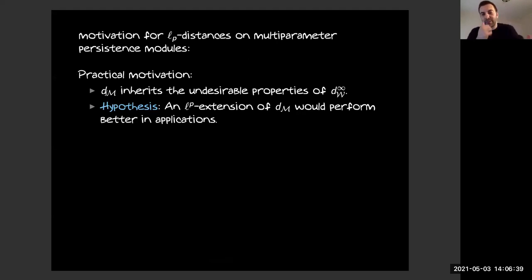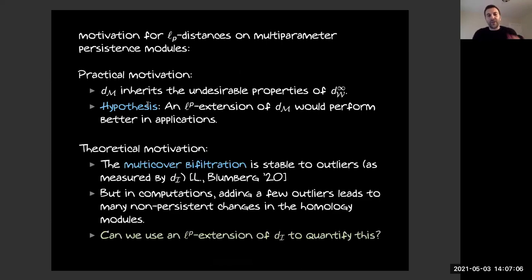This lack of robustness and this lack of sensitivity to small features. And so the hypothesis that got this work underway is that an LP extension of the matching distance ought to perform better in applications. Maybe not all applications, but many. This is what I expect to be true, although we've not verified this yet. So that's the main practical motivation.